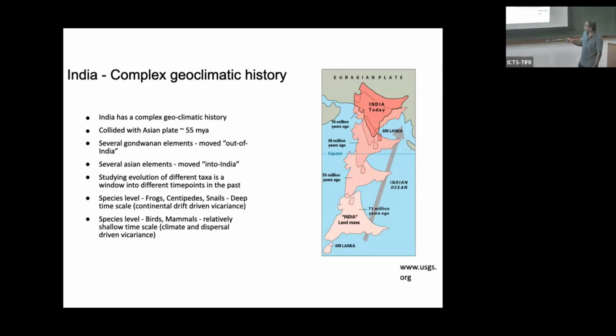But one thing to remember is that birds and mammals are relatively new, so you don't see some of these continental drift type of patterns affecting bird differentiation, divergence, and so on. So it's mostly the older ones where you see these effects. Yeah.